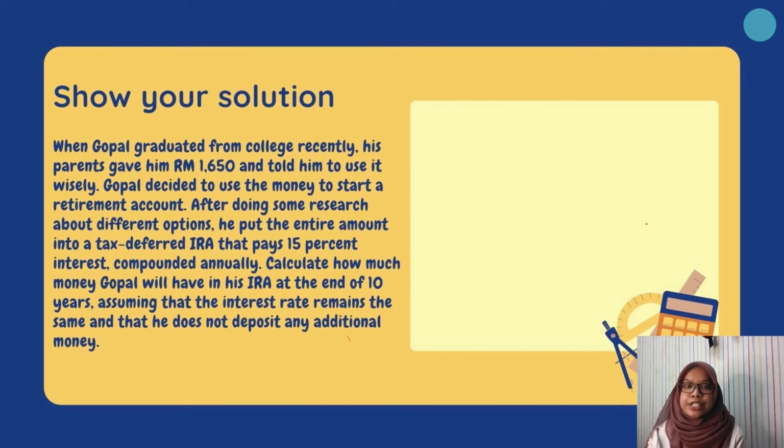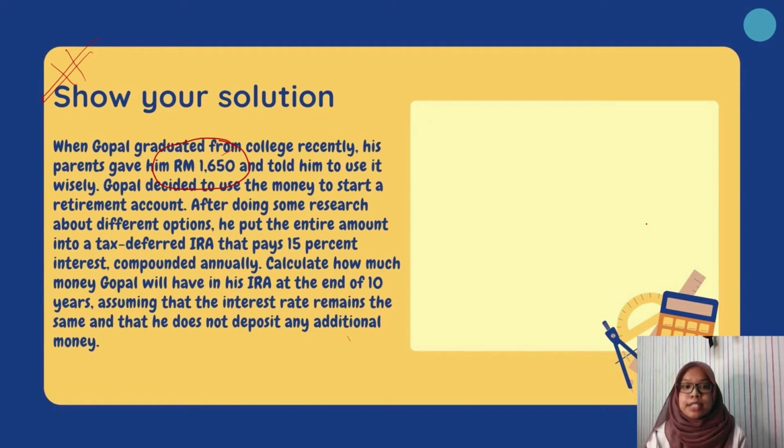Okay, this is a question that we can try to understand more about future value. When Gopal graduated from college recently, his parents gave him RM 1,650 and told him to use it wisely. Gopal decided to use the money to start a retirement account.